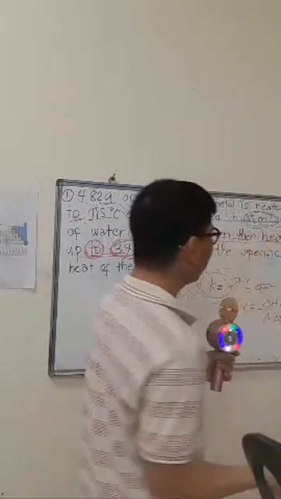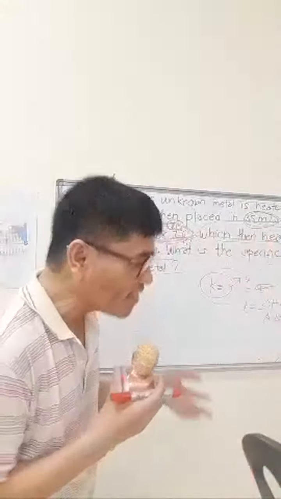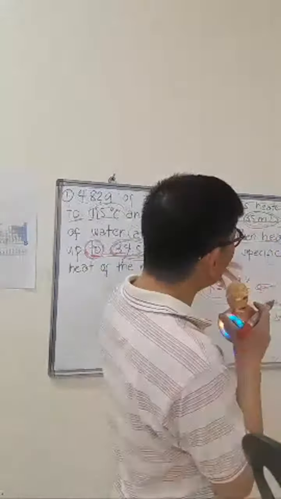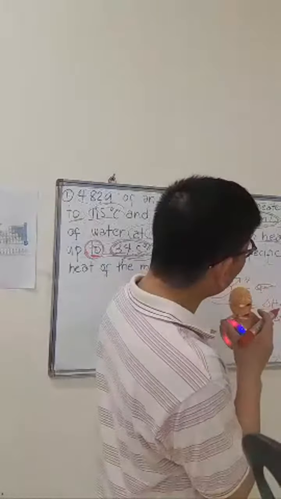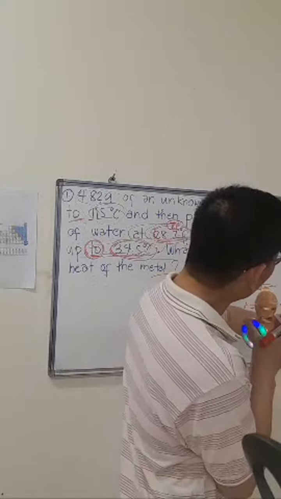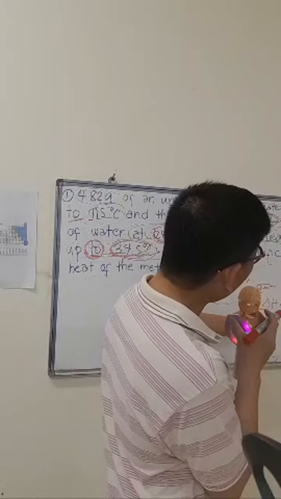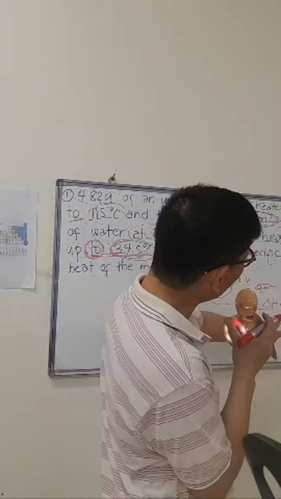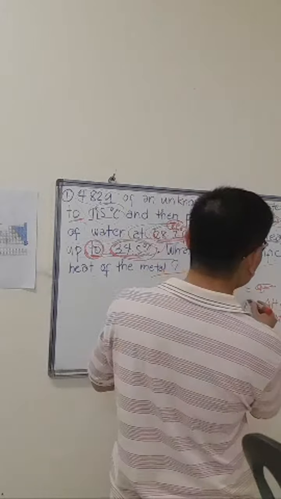So our thermal conductivity, based on connecting the dots, will be equal to delta H times the thickness over the surface area times the change in temperature. So this is the thermal conductivity.